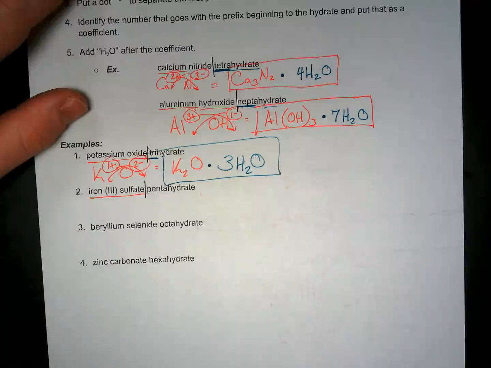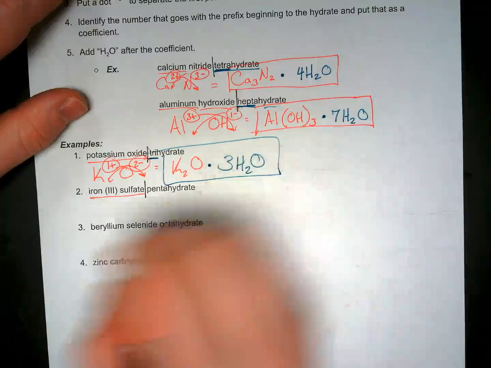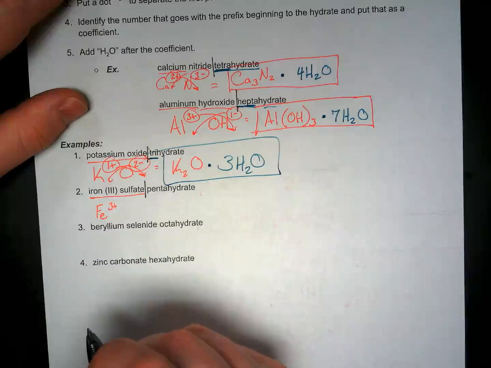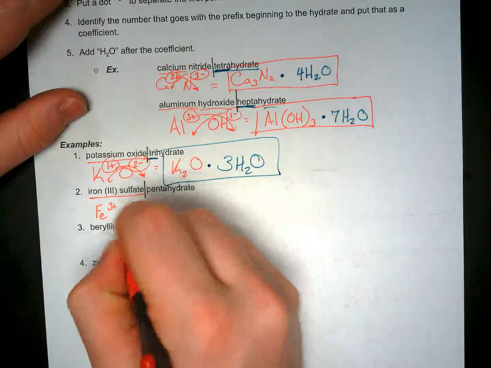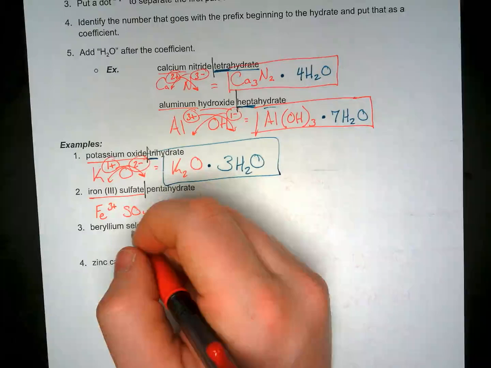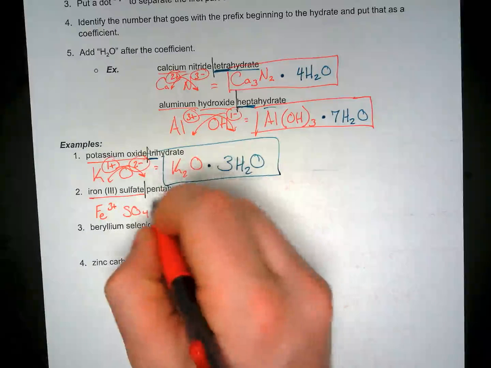Okay. Let's take a look at iron 3 sulfate, pentahydrate. So iron 3, so that'll be Fe3+. Okay. Sulfate, which is SO4, and I know that because it's a polyatomic, and I'm going to look on my polyatomic list. It's SO4 2 negative.